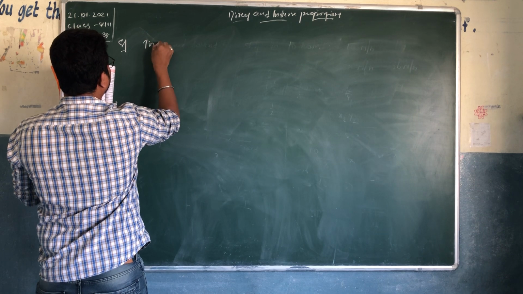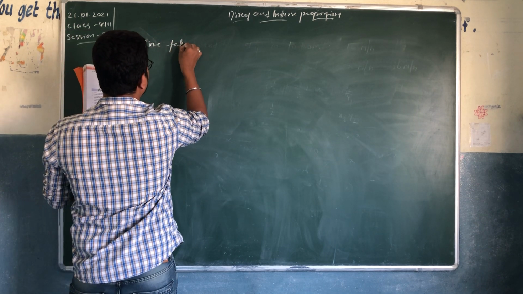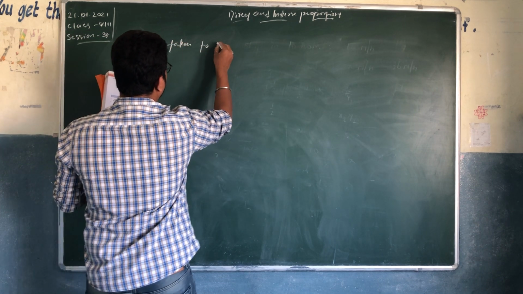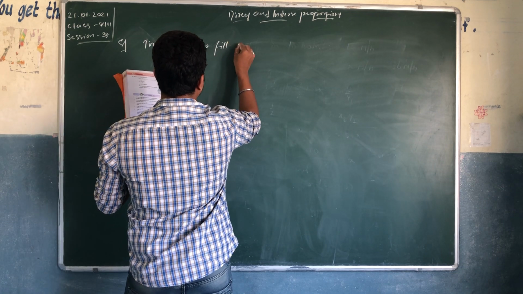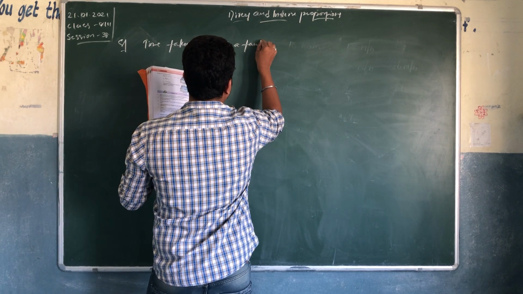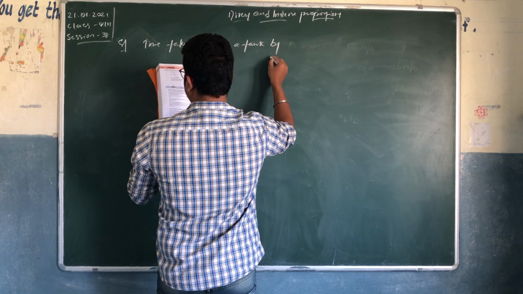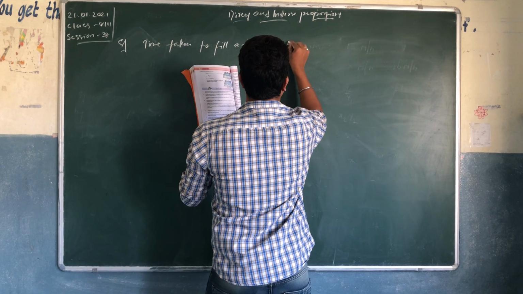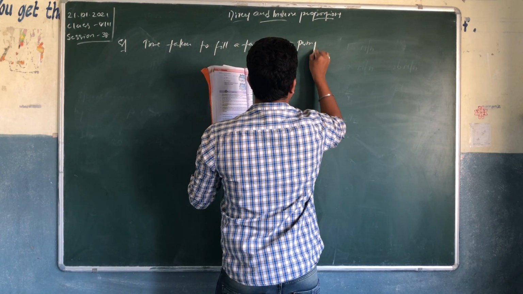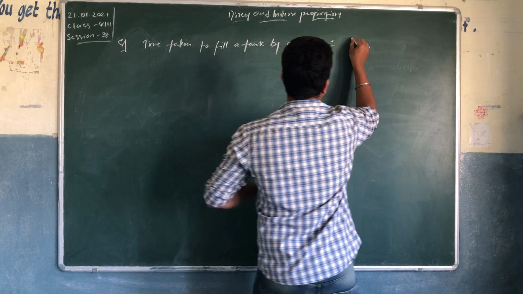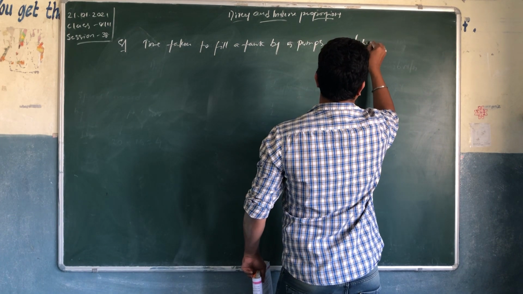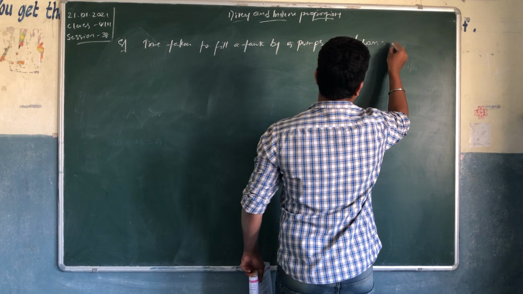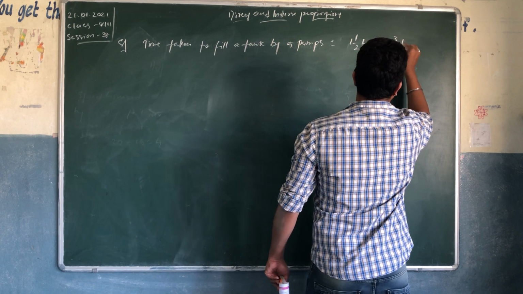Again, time taken to fill a tank, same as fourth sum, by 5 pumps is equal to 3 by 2 hours.